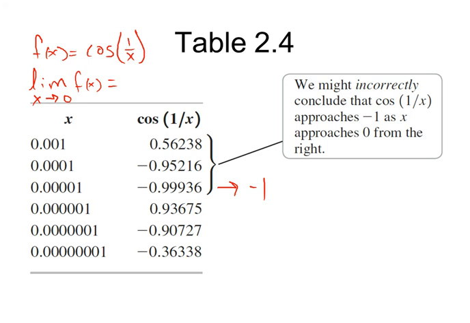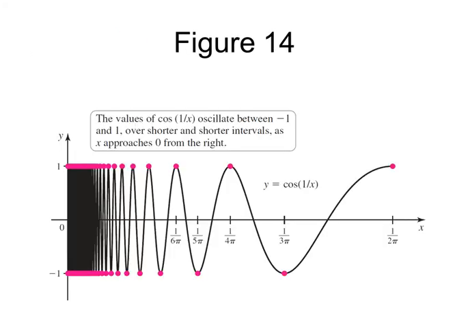Well, if we look at the picture, what is this graph doing? Well, it's a cosine, so it's periodic in nature. But we also have an inverse function inside of a trig function, and so this periodic nature is continuing. It's just getting closer and closer and closer together. So the wavelength of each wave is getting smaller and smaller as x approaches 0 here, and so it oscillates back and forth.